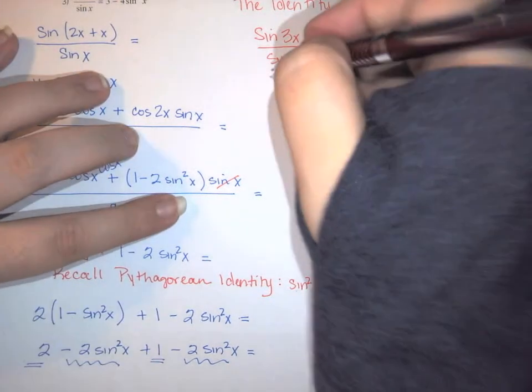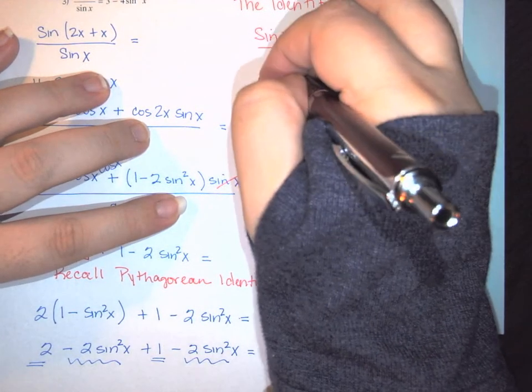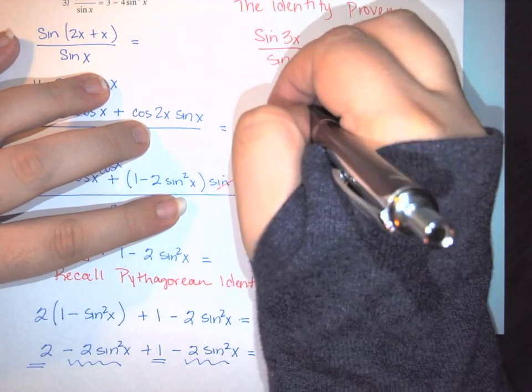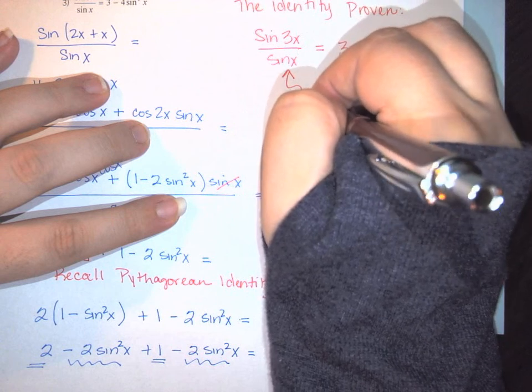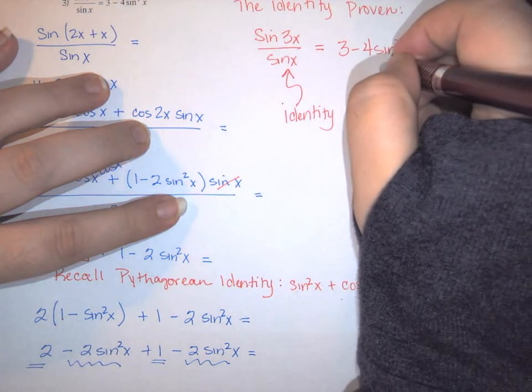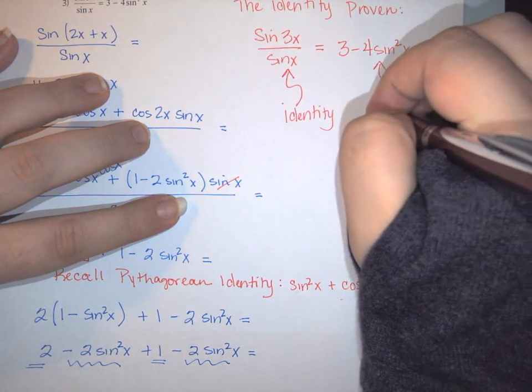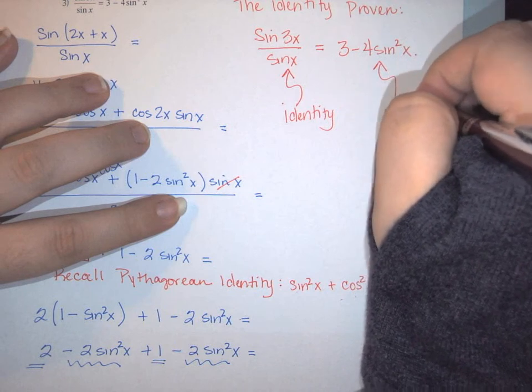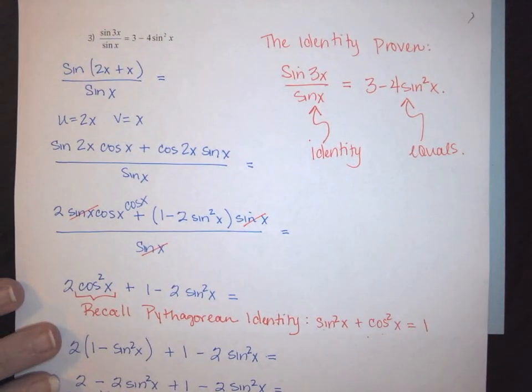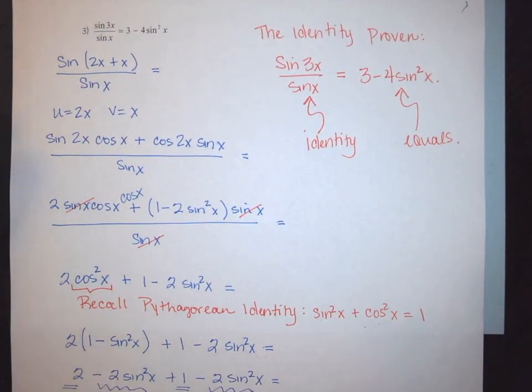Okay, so in other words, this is your identity. This is what it equals. Okay, so when you're proving these identities, it's a good idea to keep track of what it is that you were proving and what it is that you're showing that it equals.